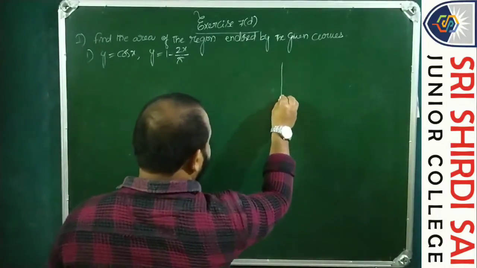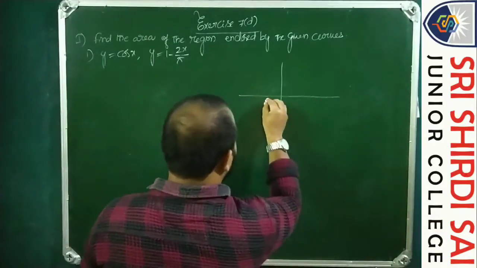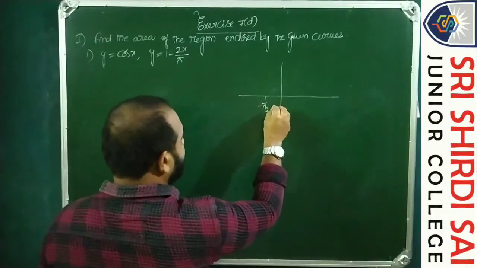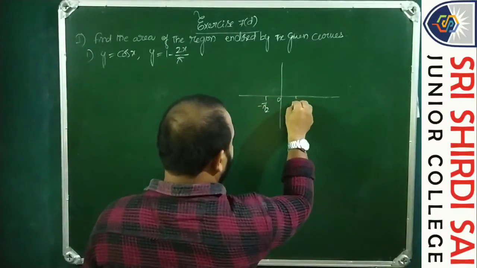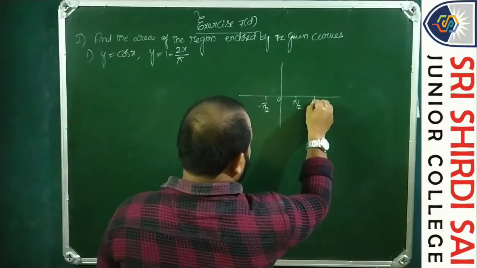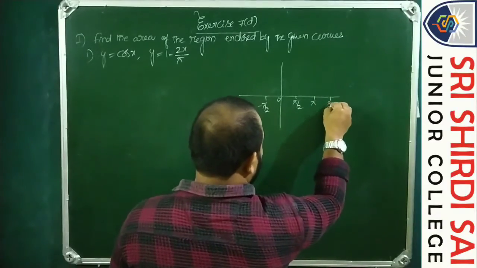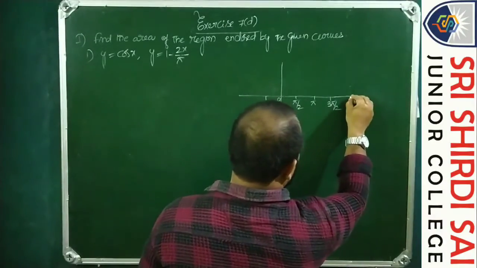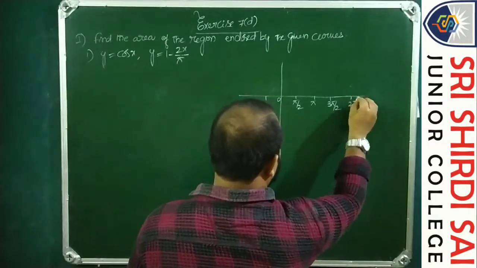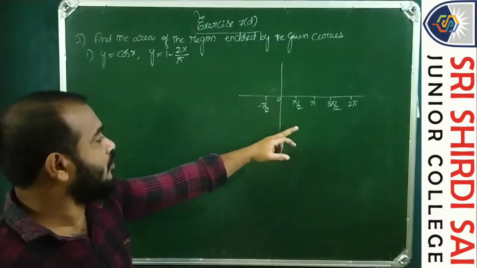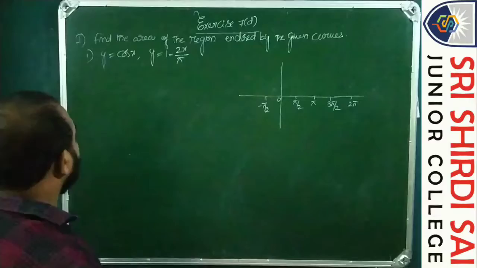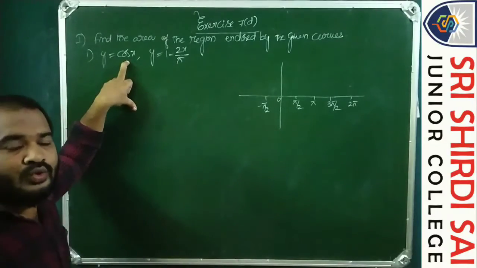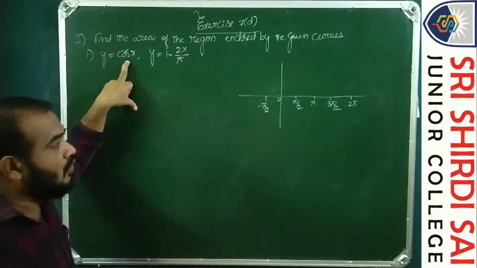So this is minus pi by 2, this is 0, pi by 2, pi, 3 pi by 2, and this is 2 pi. So I have taken the interval from minus pi by 2, and let us try to plot the diagram of y equals cos x.